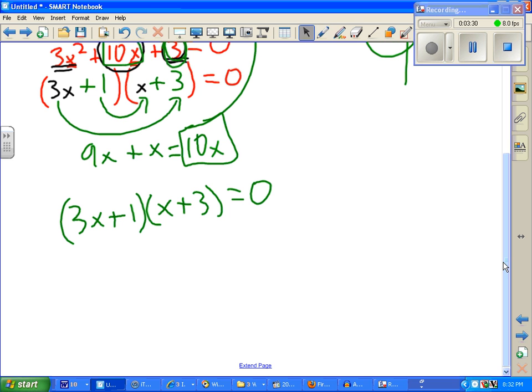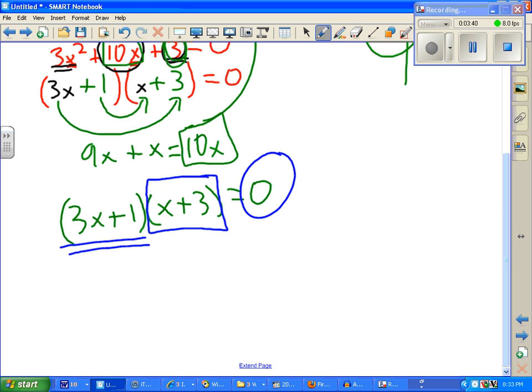Now if you recall, if I can make this part of the equation 0, and it's multiplied by this part, isn't 0 times anything 0? So what we do is we take each piece, 3x plus 1, and we set it equal to 0.